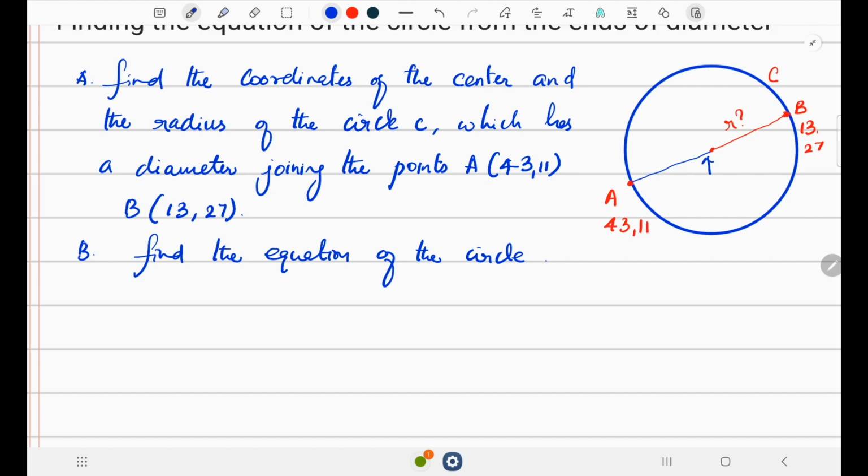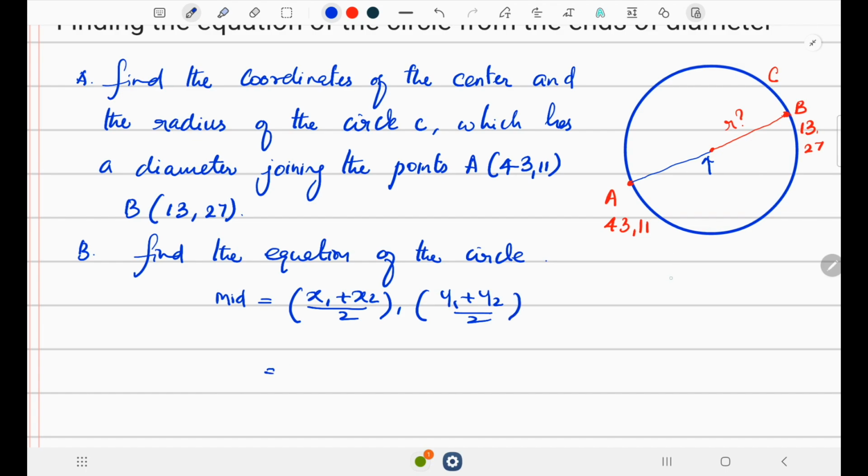Already we have the formula that the midpoint equals (x1 plus x2 divided by 2, y1 plus y2 divided by 2).